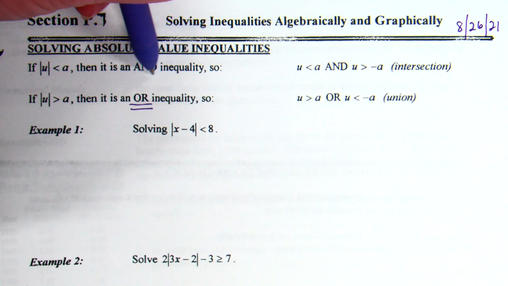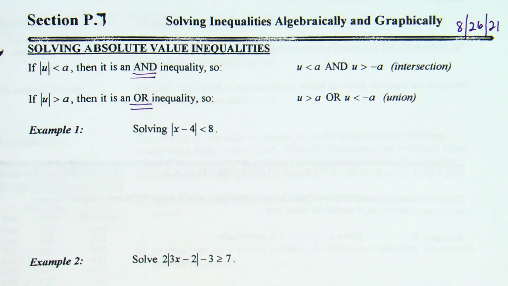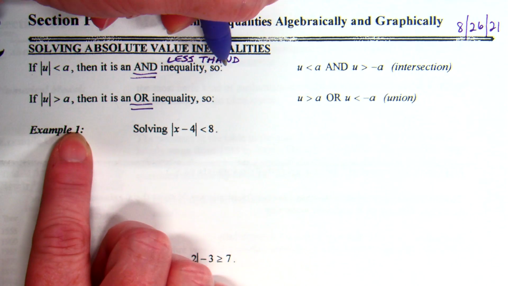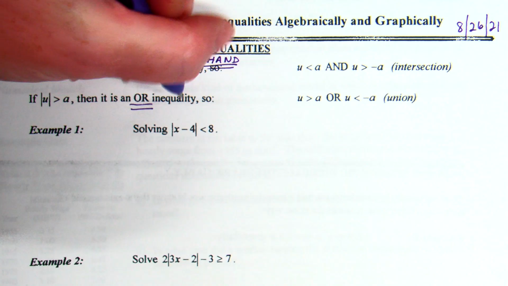If it's a less than sign, we make it an AND statement. Look back in the Algebra 2 notes: "less than" is spelled with a D on the end. That's how we know it is an AND statement.